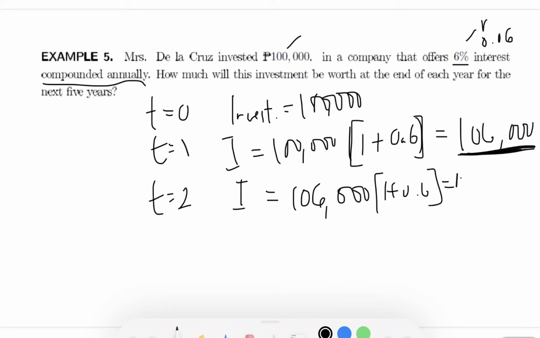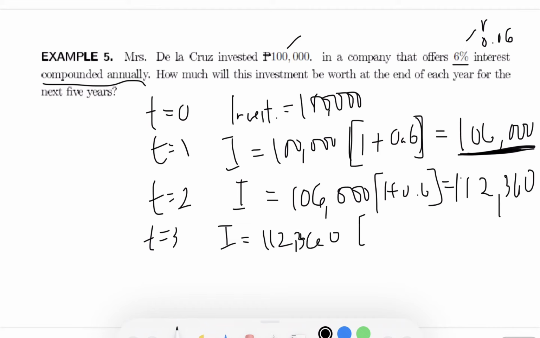So we have 112,360. At time 3, your investment will become 112,360. Multiply it again by 1 plus 0.06. So this will become 119,101.6.